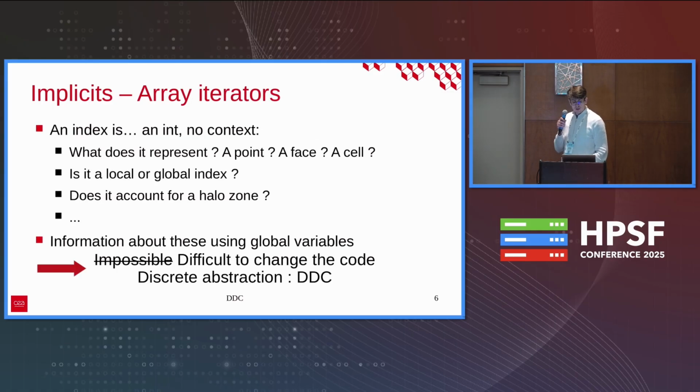Another kind of implicit that we faced was the way we iterate over arrays. We have a lot of dimensions, as I said, so a lot of nested loops, and we are using raw integers in Fortran, and it was difficult without knowing the code well to tell what the integers represent, whether they represent a point in a mesh, a face, or a cell.